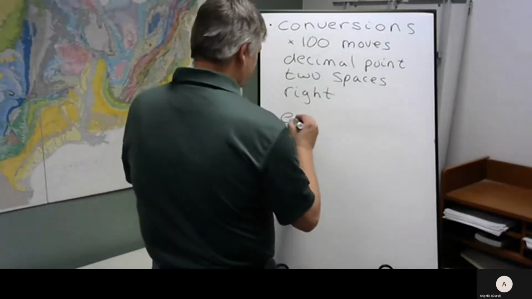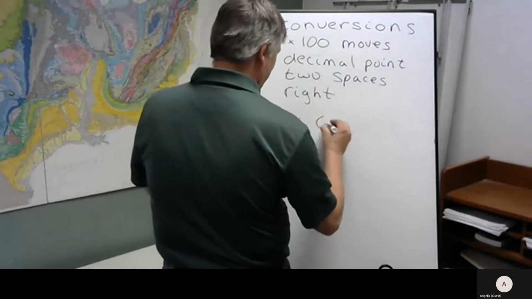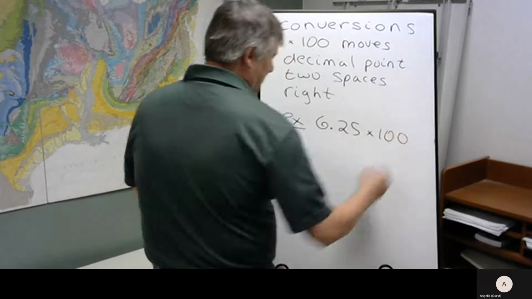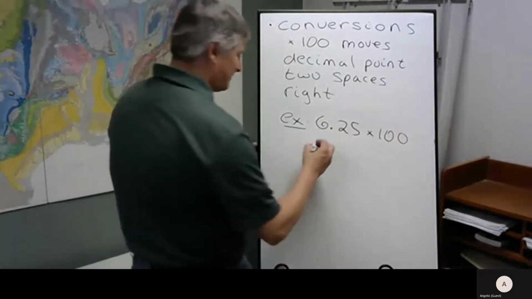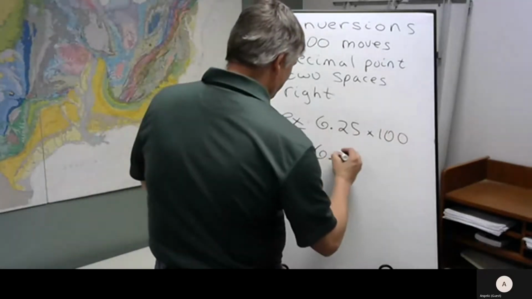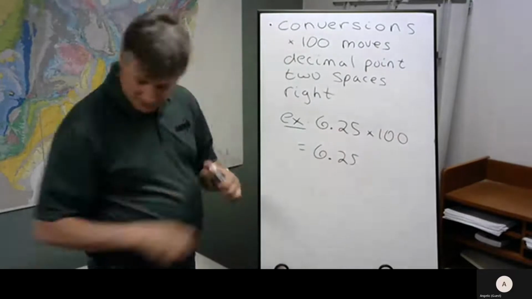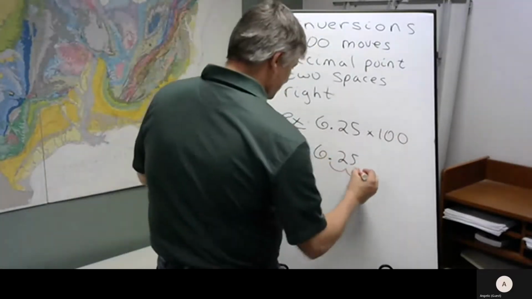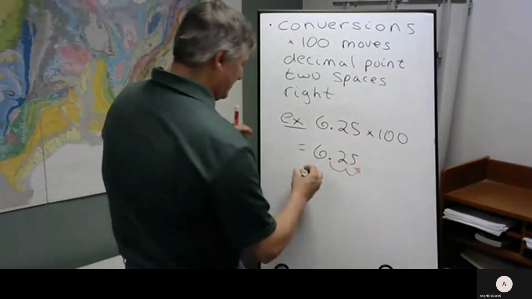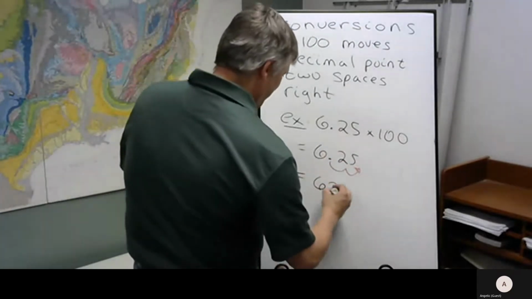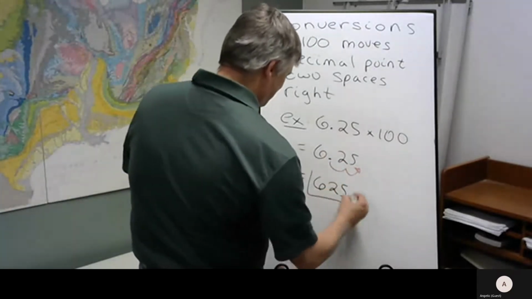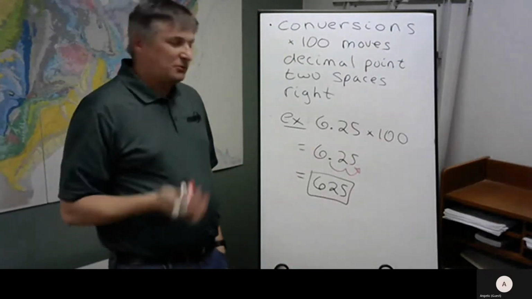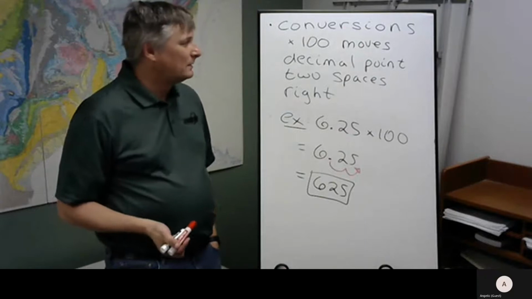So, for example, 6.25 times 100 will be 625. So that's a trick that's going to be helpful with this.